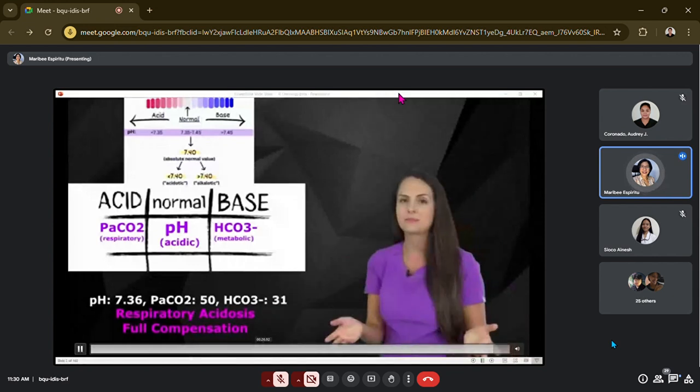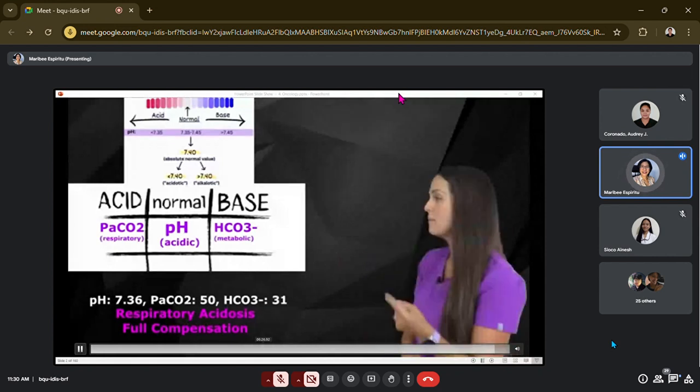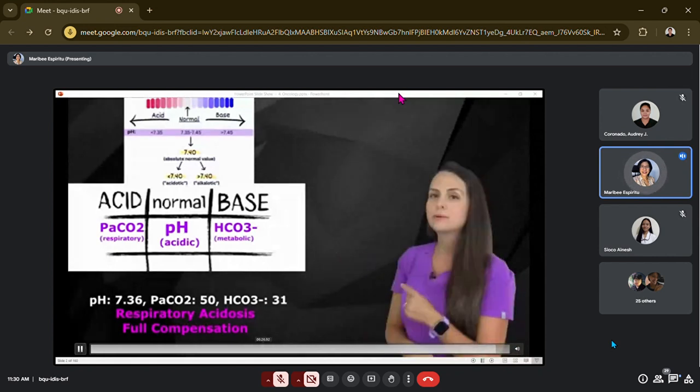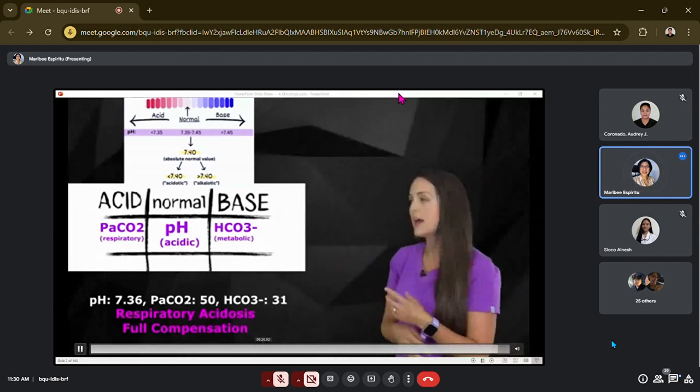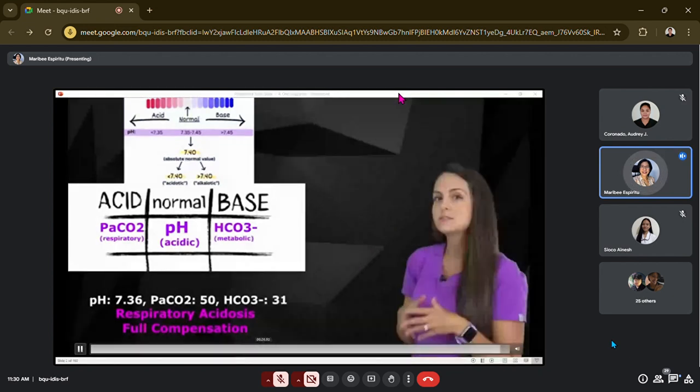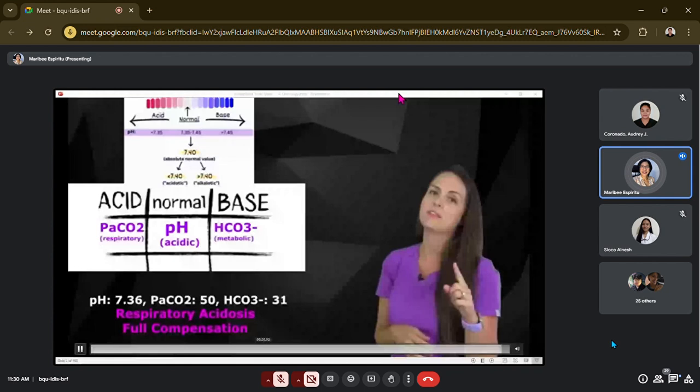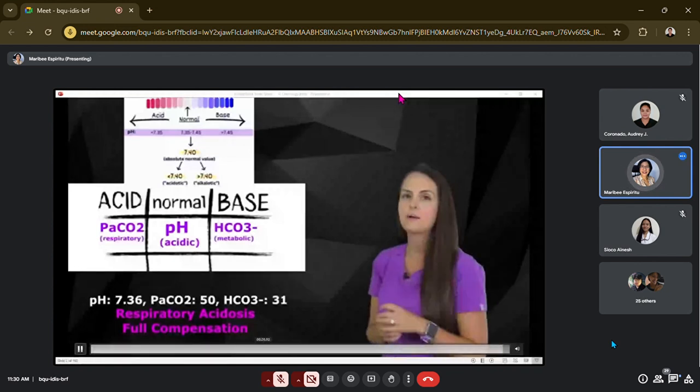And how this full compensation was achieved was that our bicarb, or HCO3, threw itself into an alkalotic value, a basic value, which helped bring the pH back to normal. But it's a little acidic normal because it just came from being on the acid side. So now it's hopefully trending upward, and it was helped by this bicarb making itself alkalotic.